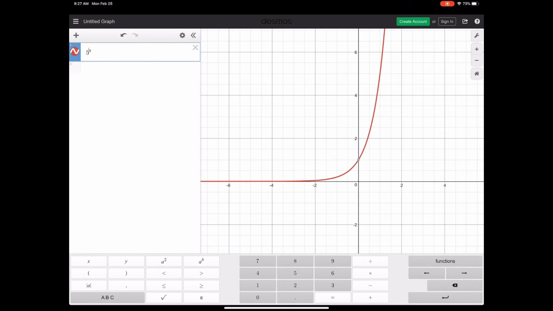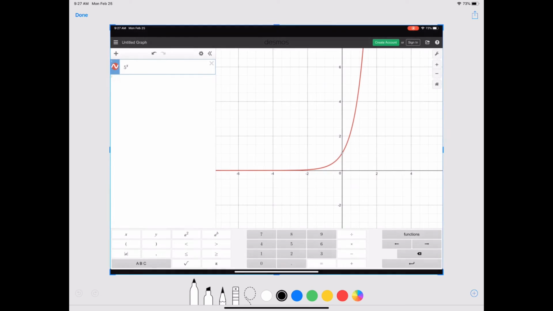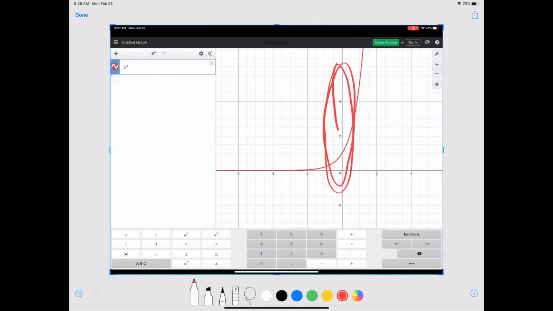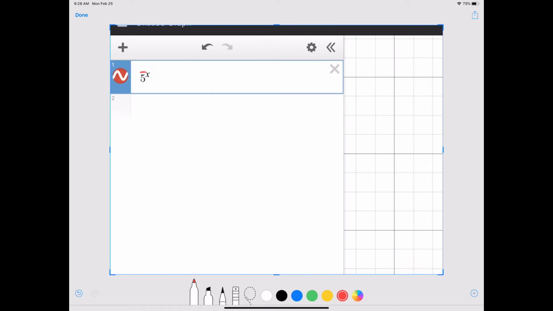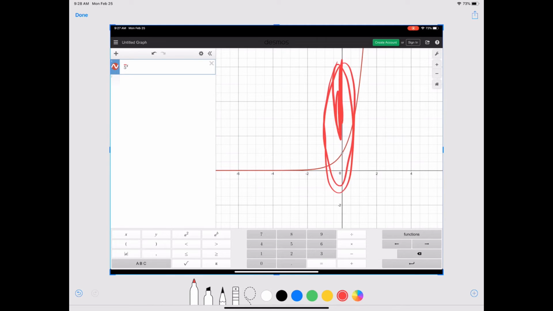And if you can tell, it's flipping about the y-axis. It's flipping about this, right there. The y-axis, it's going back and forth across that. So we know now that if we add a negative to the exponent, it'll flip about the y-axis.